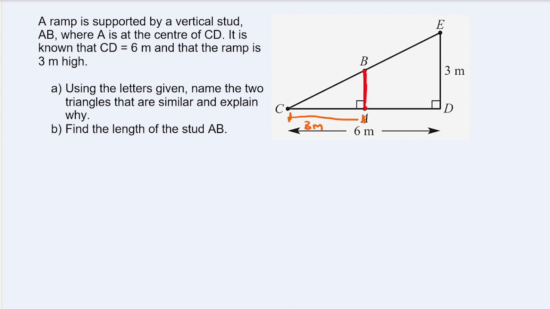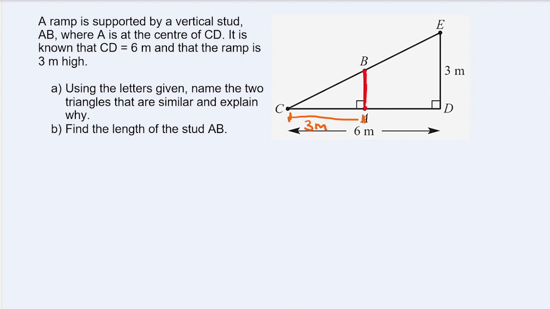So that's going to help us out a little bit as well. We kind of need to know that. Let's just make that a little bit clearer though. There we go. So that little bit in orange, 3 meters, the whole way along, 6 meters. Using the letters given, name the two triangles that are similar, and explain why.